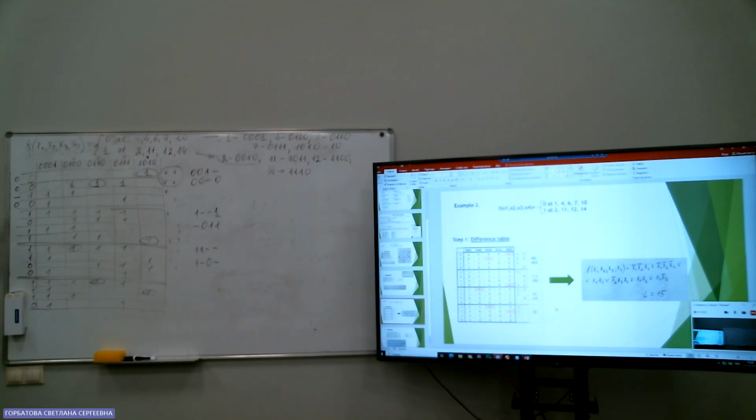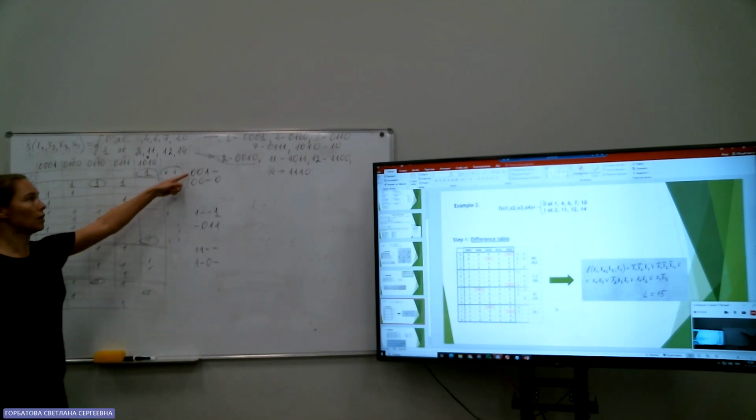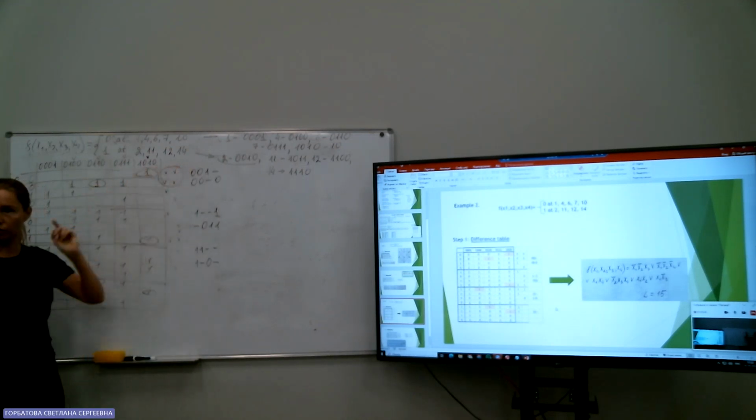I don't use this row because these three rows, 1, 2, 3, covered all columns with digit 1. And it is the second variant, yeah, also clear.